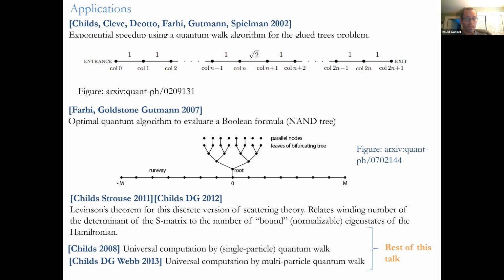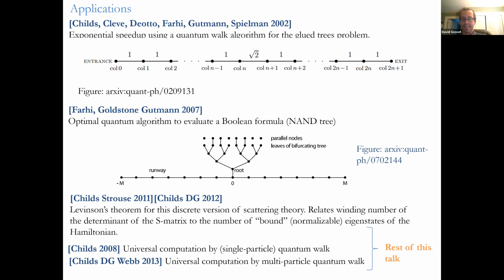Finally, and perhaps most relevantly for this talk, Andrew Childs in 2008 showed that you can perform any quantum circuit by a single particle quantum walk on a graph. And with Andrew and Zach Webb in 2013, we showed that you can also do this with many particles on a graph.